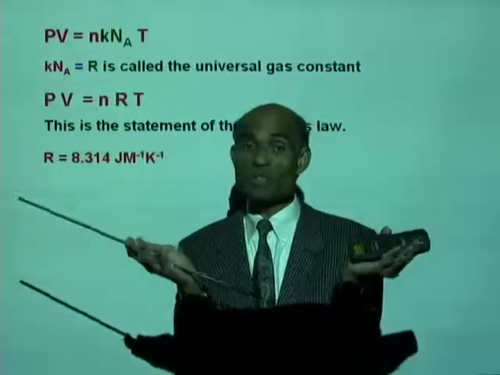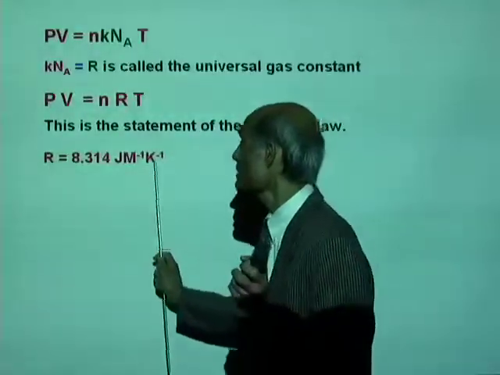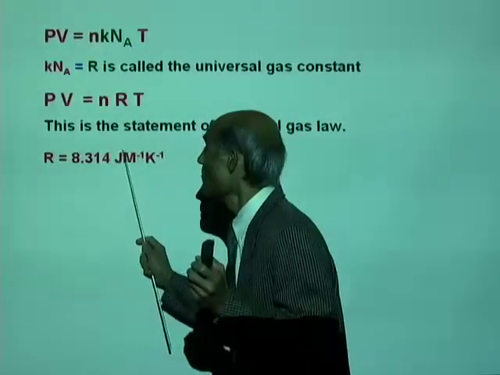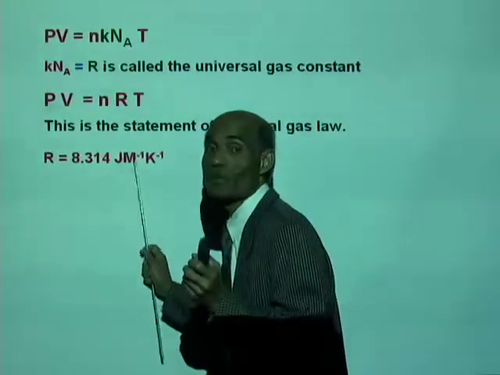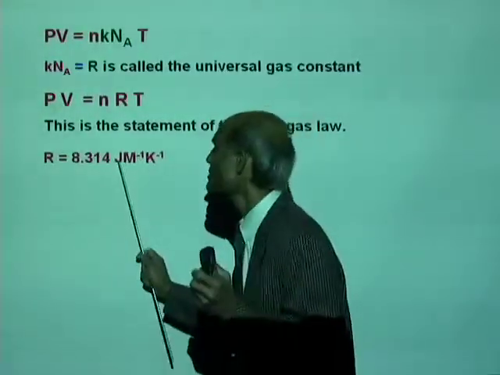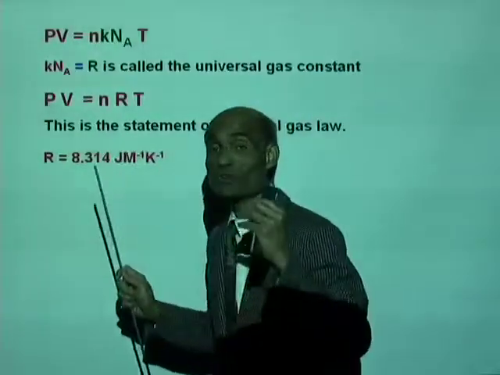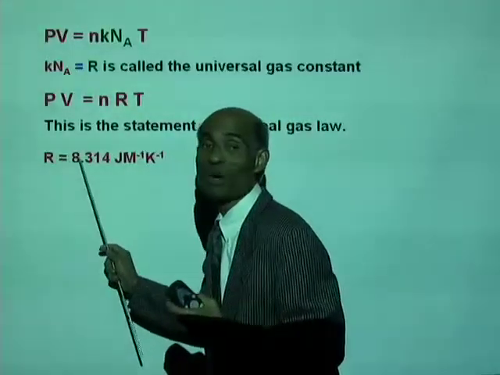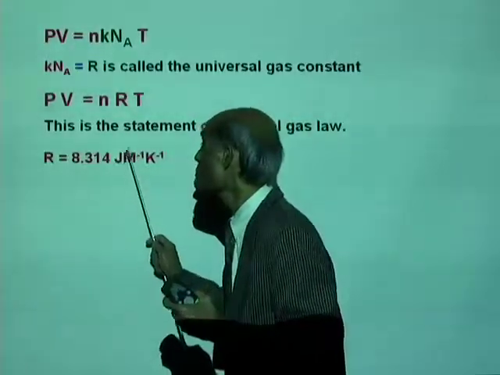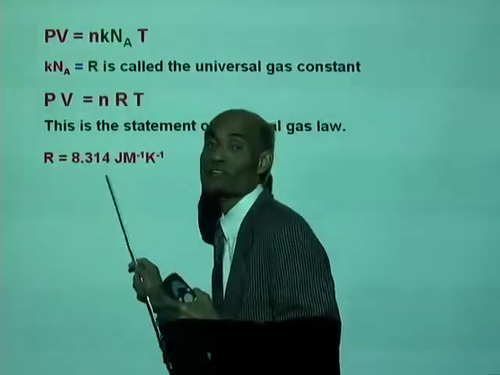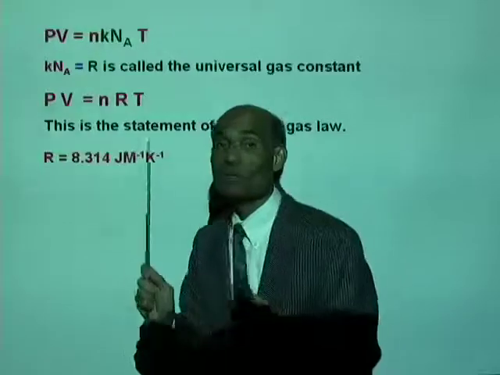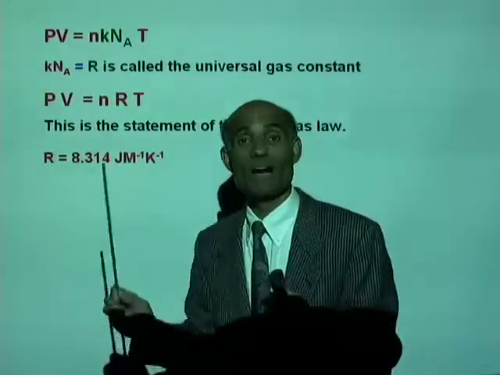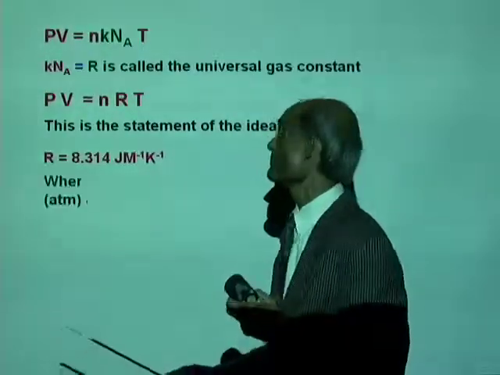So depending on these units, the value of R will change. When pressure is measured in Pascal and the volume is measured in cubic meter, the value of R will be 8.314 joules per mole per Kelvin. That is the value of R when pressure is measured in Pascal, that is Newton per meter squared, and volume is measured in cubic meter.